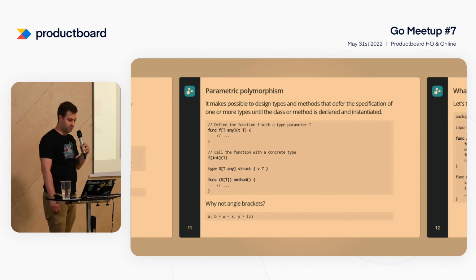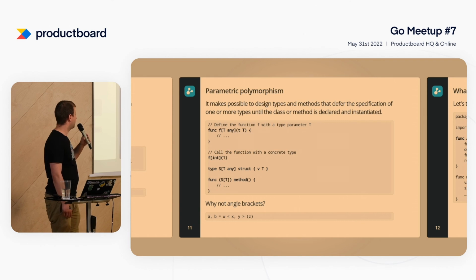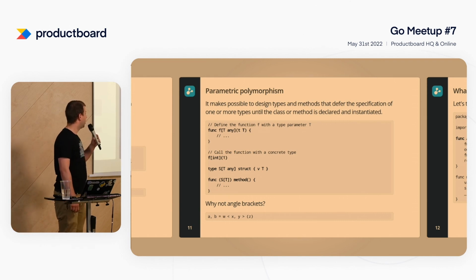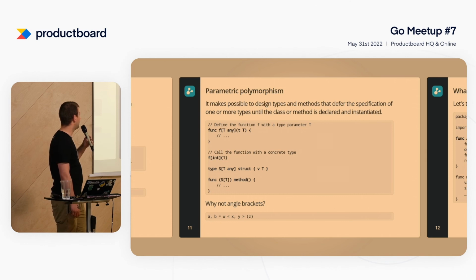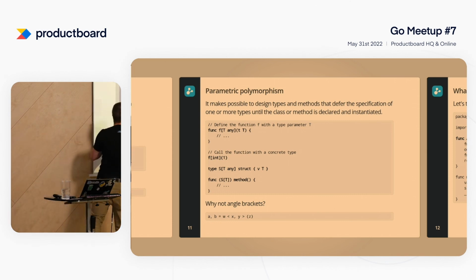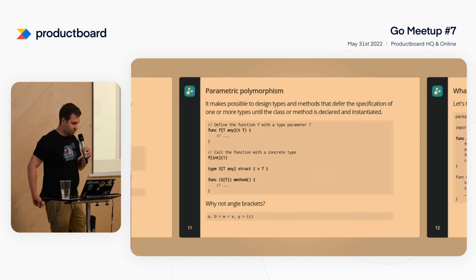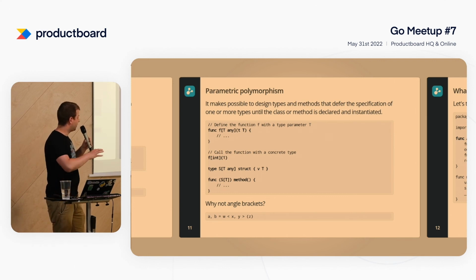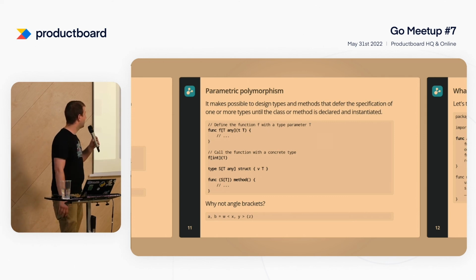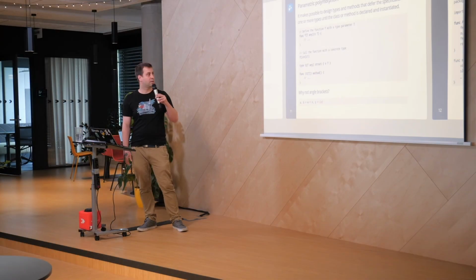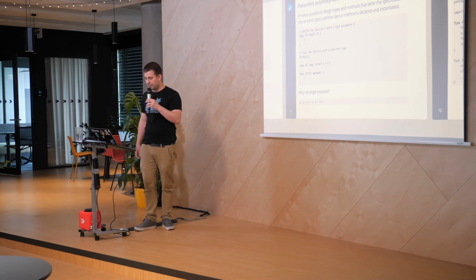The syntax is very simple. Before the regular parameters of a function, we can define the type parameters. It's here in square brackets. So here we define a function with a type T, which can be anything, and then T we can use as a type of the regular parameter.